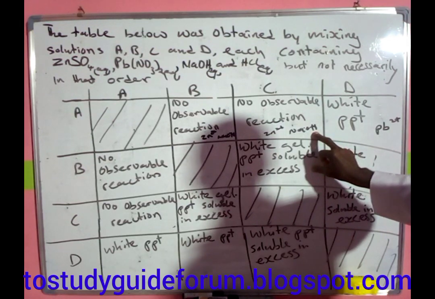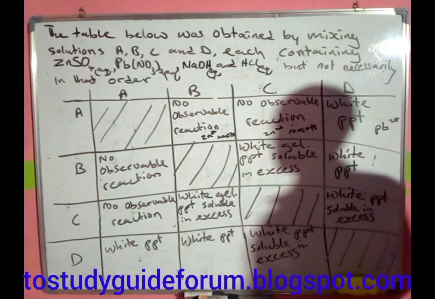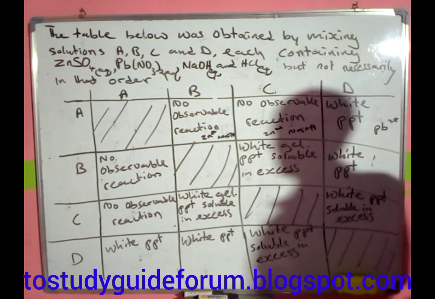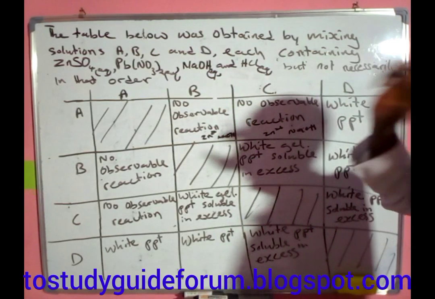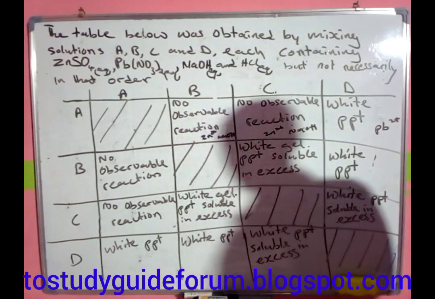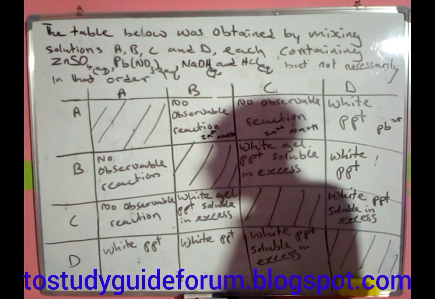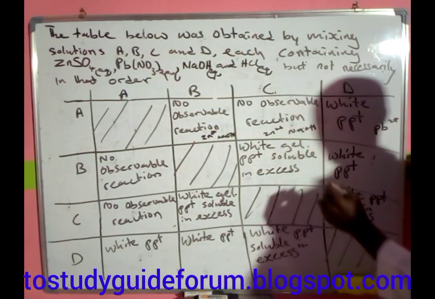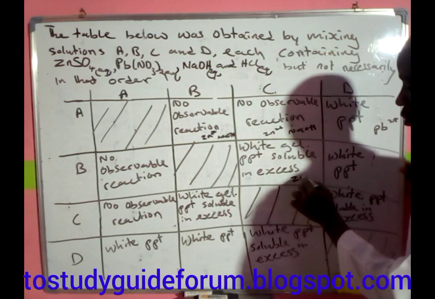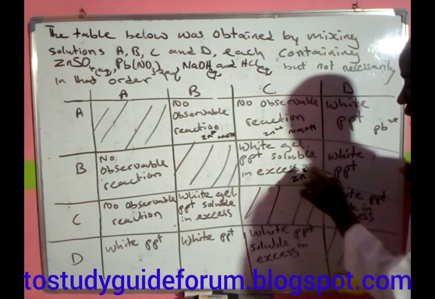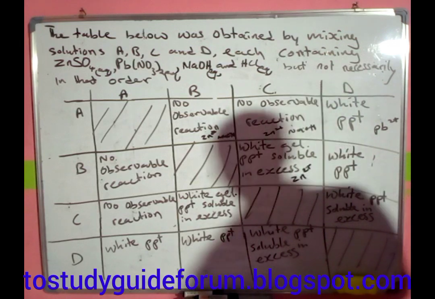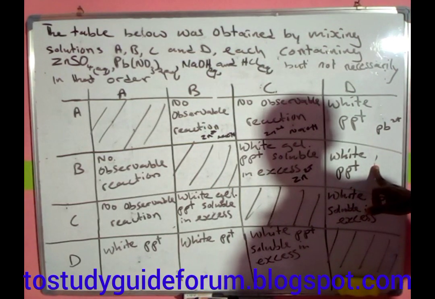Lead will give us a white precipitate which is soluble in excess sodium hydroxide, while zinc always gives us a white gelatinous precipitate which is soluble in excess sodium hydroxide. That means what we have here is likely to be zinc ion.